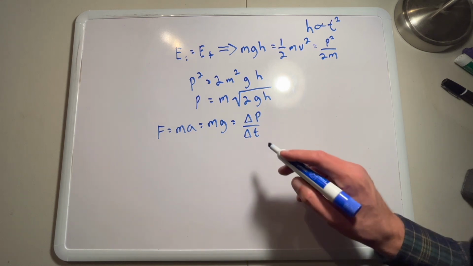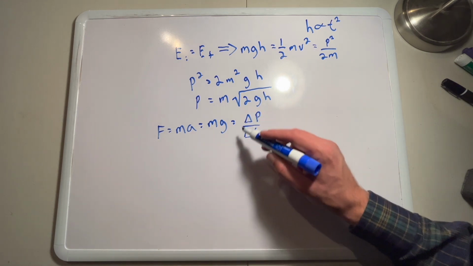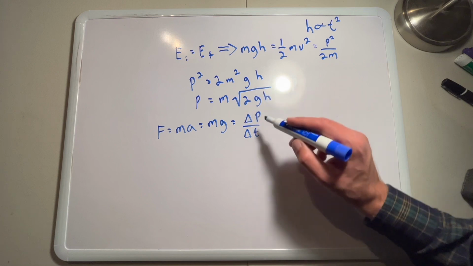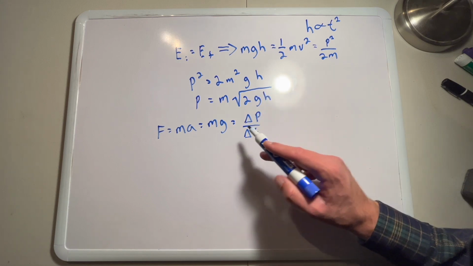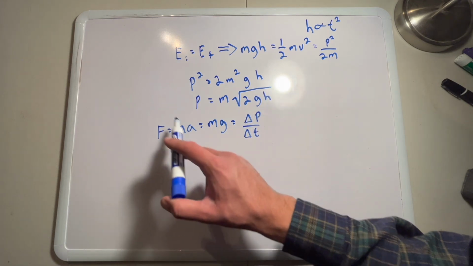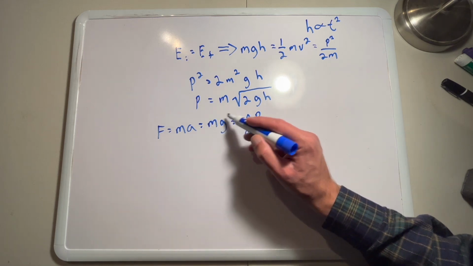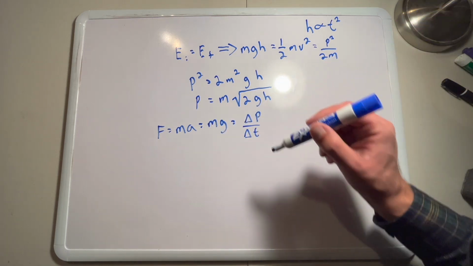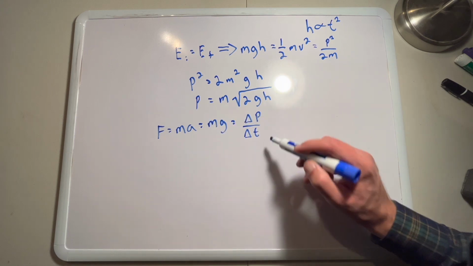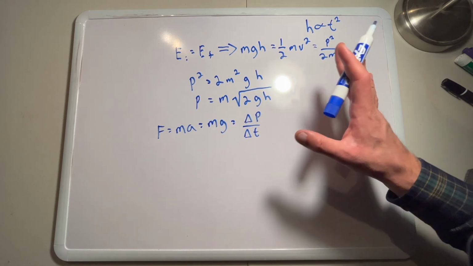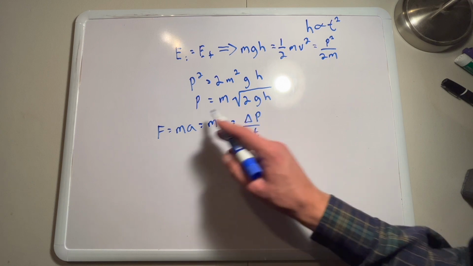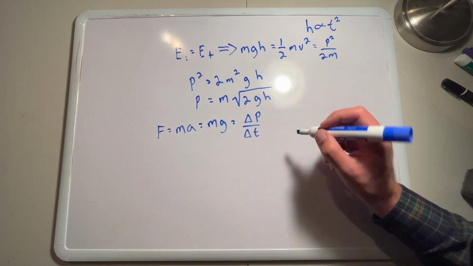Now, something important here is this is only going to work because we're saying that the force is constant. In other words, the mass is constant, the acceleration is constant. Otherwise, this wouldn't work. Then we'd need calculus. But for this example, that is totally fine.